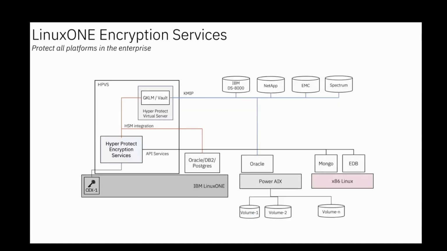Now, what you see here is basically bringing all the platforms together, and all of them can be using the HSM capabilities of the Linux one. So what you see here is the storage subsystems. For example, Spectrum Scale was protected for one of our clients in the fab area, like Cadence Design Systems.